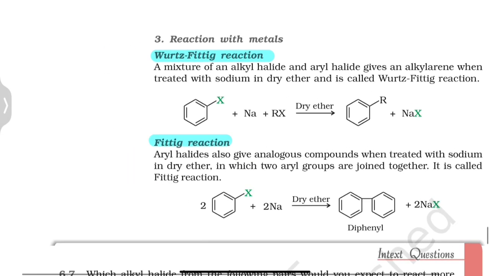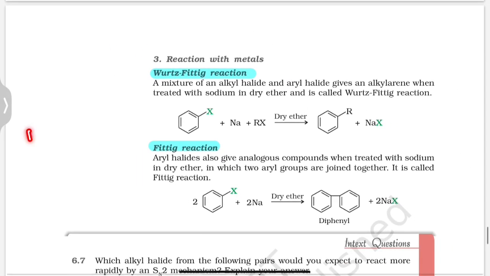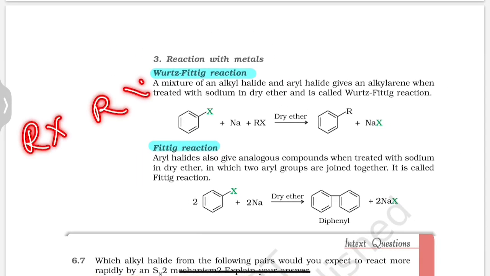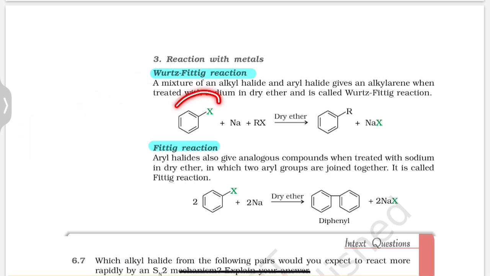Just now we have seen the Wurtz reaction. In the Wurtz reaction you will be taking 2 alkyl halides. Here, aryl halide and alkyl halide. In the Fittig reaction you will be taking 2 aryl halides. So 2 aryl halides are treated with sodium in dry ether.